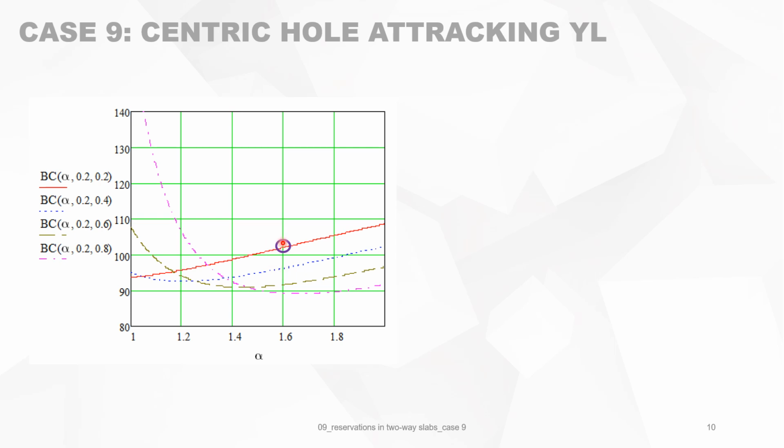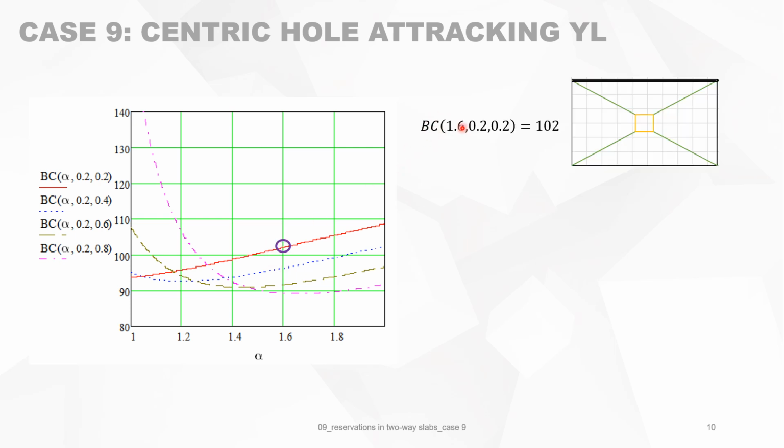Let's look at this point. We calculate the bearing capacity for this point because it's 1.6 as dimension of the slab. And we are talking about 0.2 of the size of the reservation, and it's a square size, so it looks like that.